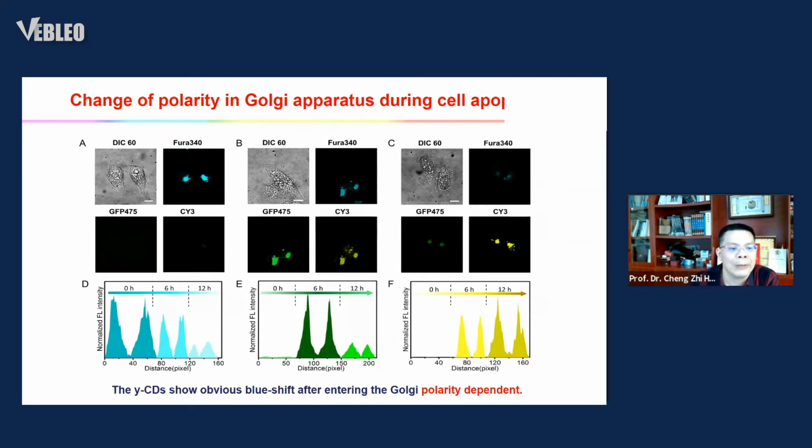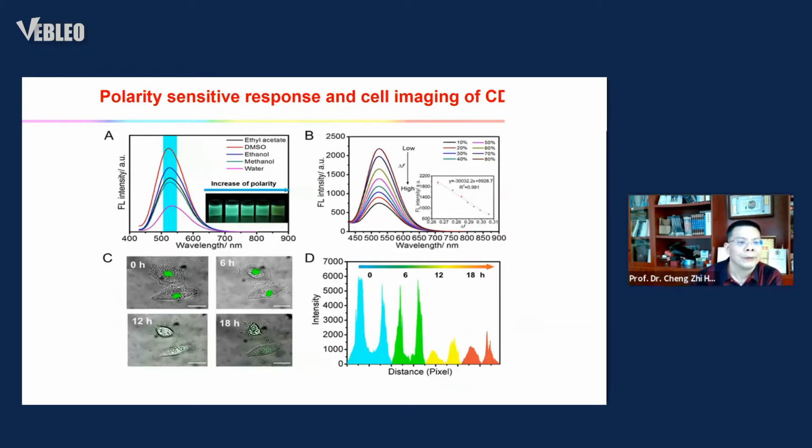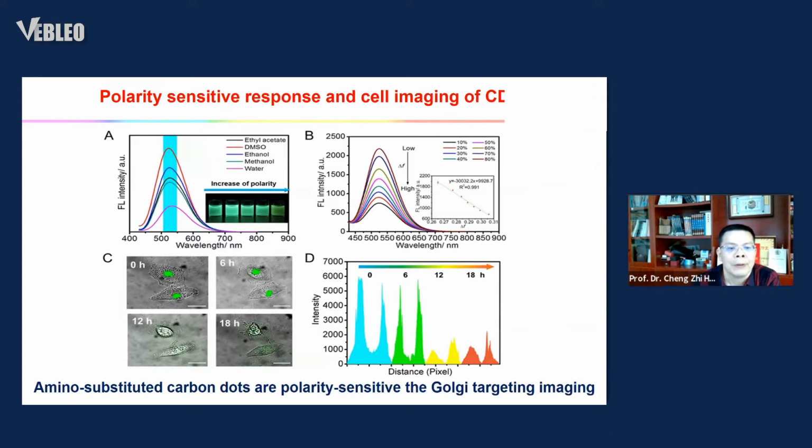That is, the polarity switch of Golgi apparatus during cell apoptosis was successfully monitored. An interesting finding is that the emission of the carbon dot 5 cannot shift, but sensitively decreases with the increase of polarity. So we can selectively develop the amino substrate carbon dots that are polarity sensitive and Golgi targeting image.